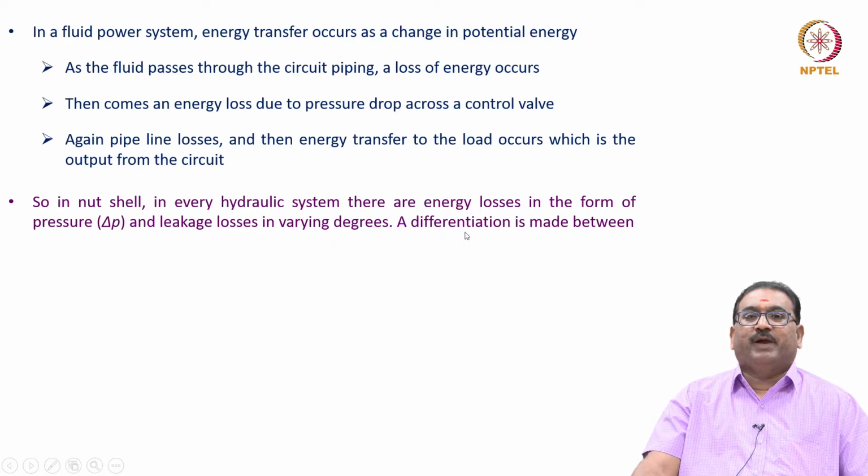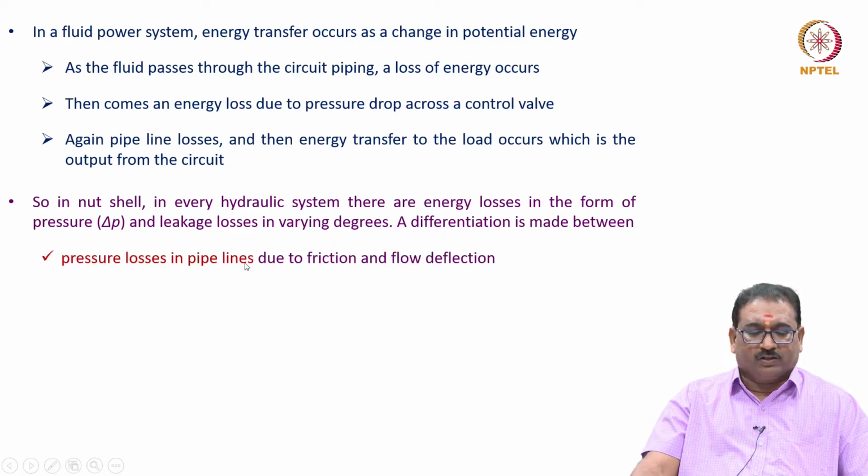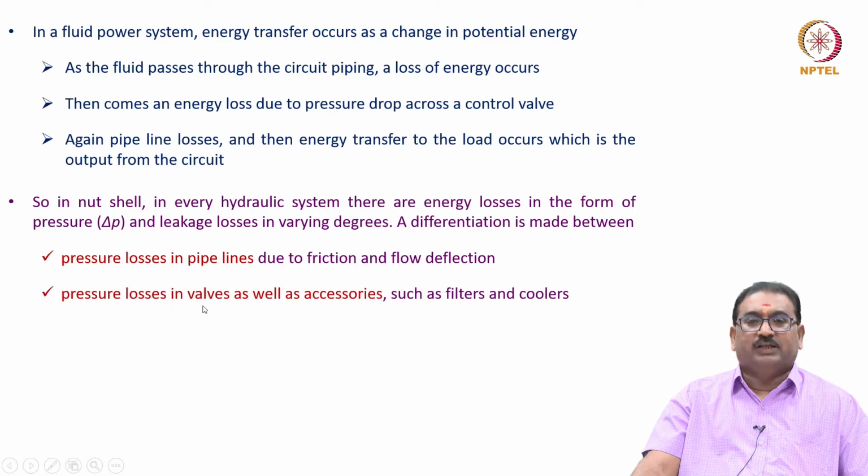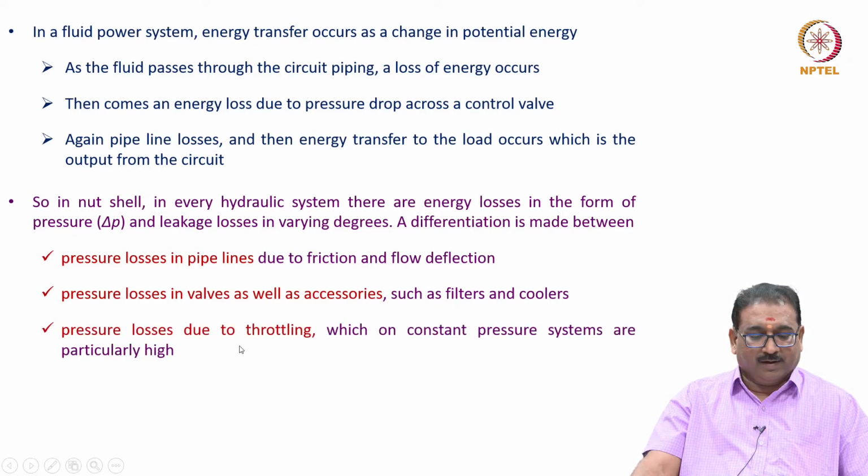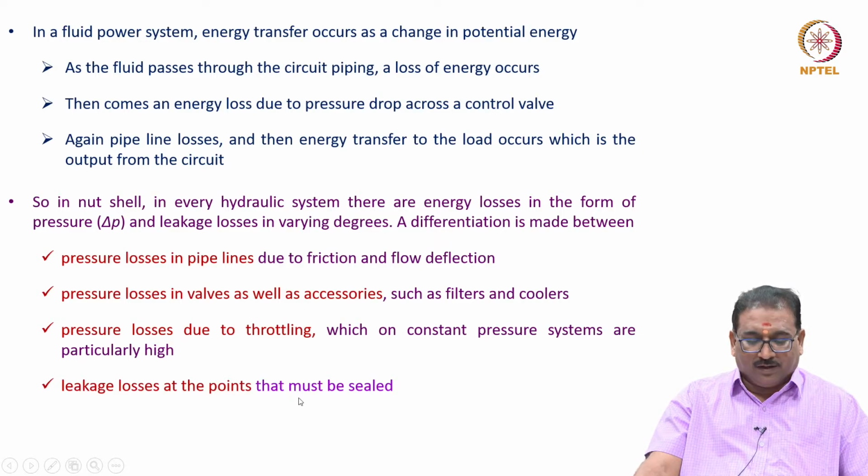A differentiation is made between pressure losses in pipelines due to friction and flow deflection, pressure losses in valves as well as accessories such as filters and coolers, pressure losses due to throttling, which on constant pressure systems are particularly high, and leakage losses at the points that must be sealed, using the proper selection of seals.